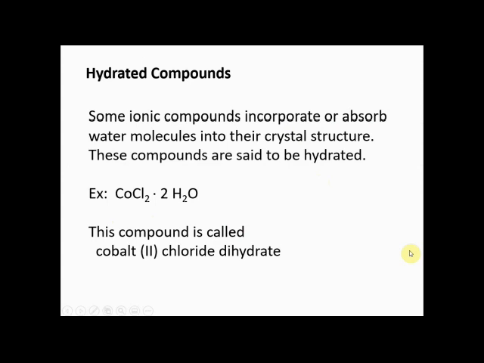There are ionic compounds that have crystal structures which have lots of holes in them. So as I explained in class, you form these large ionic networks, which are positive ions surrounded by negative ions and negative ions surrounded by positive ions.